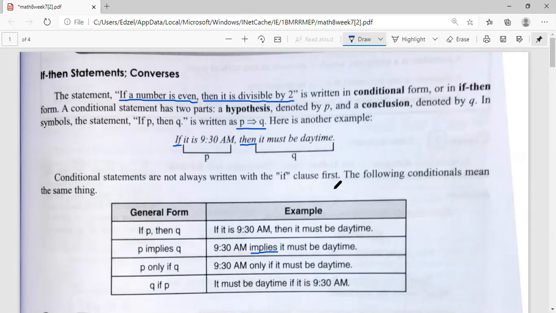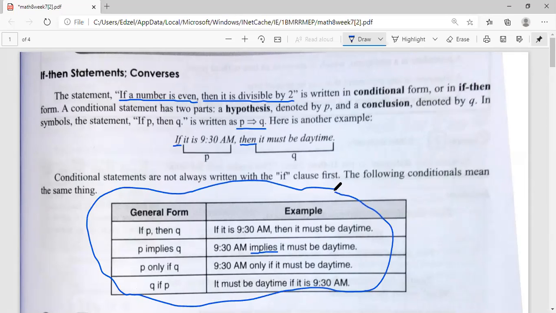These examples are conditional statements pa rin, but meron siyang iba't ibang form, which is different from what I said kanina about if-then statements.